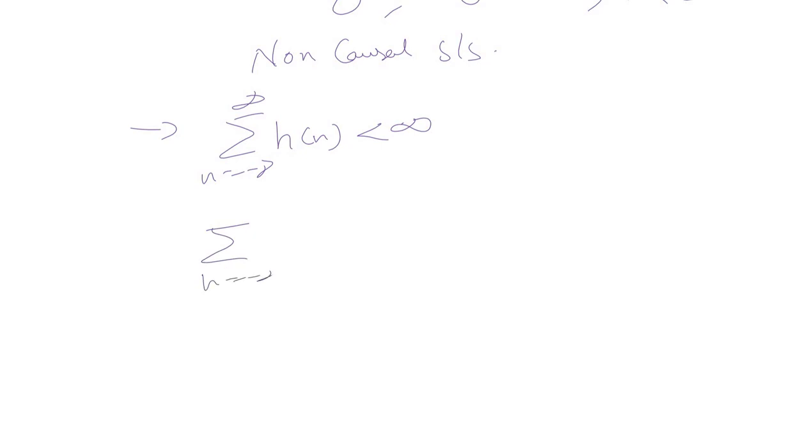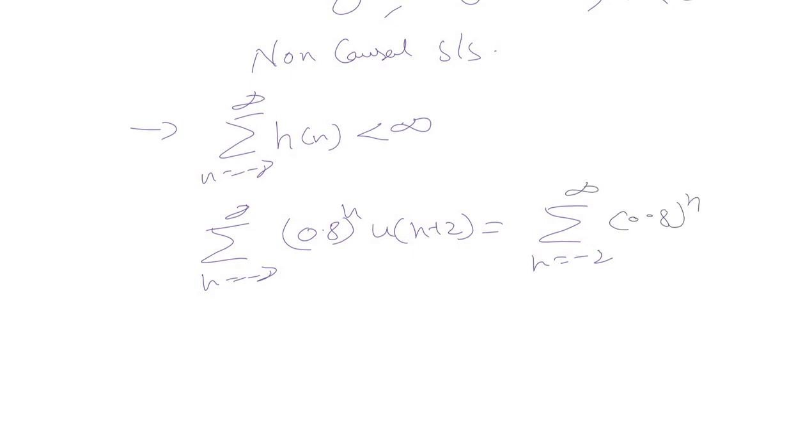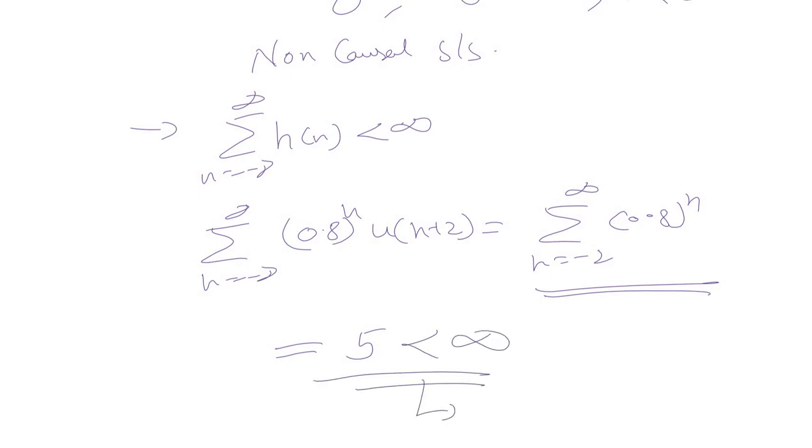Summation of 0.8 raised to power n, u of n plus 2, which can be written as n equal to minus 2 to infinity of 0.8 raised to power n. It is again an infinite GP, and its sum, if you simplify it, comes out to be 5, which is obviously less than infinity. Hence, it is a stable system. Stable system, but non-causal system.